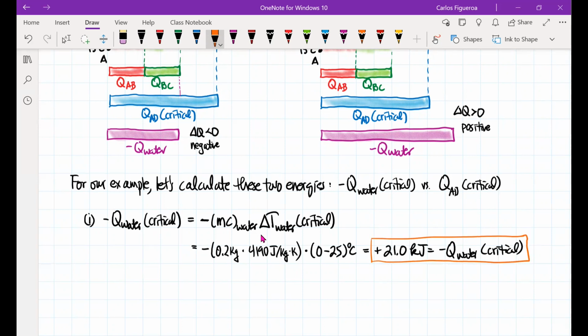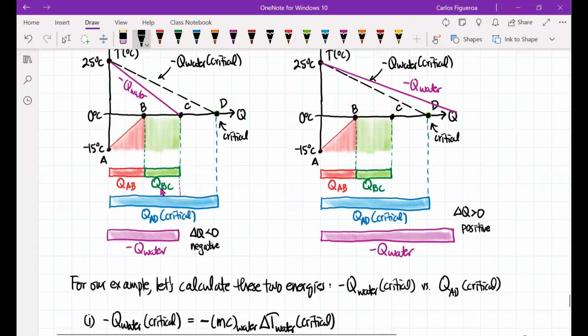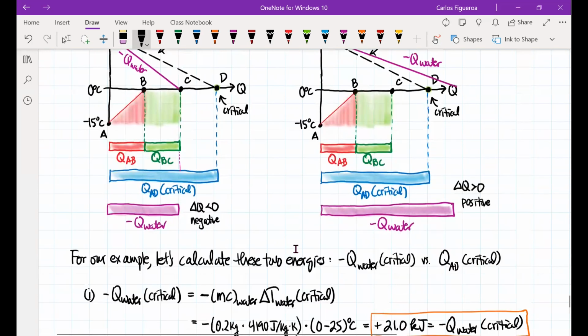So now I've done one. Now let's get to the critical point for the ice. I'm going to move this down a little bit. So this is QAD critical. This quantity requires you to melt all the ice. So this will be QAB, that's to warm it up. But remember, I really need to go from B to D, and that means that I melt all of the ice.